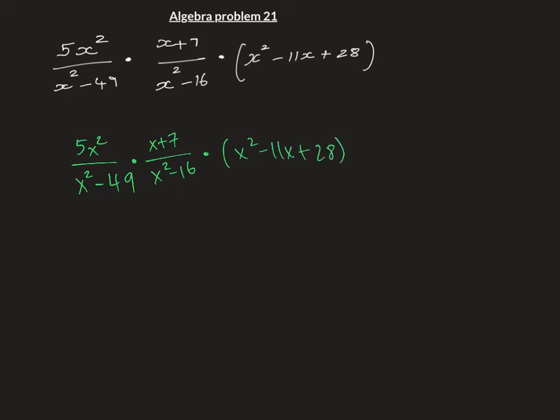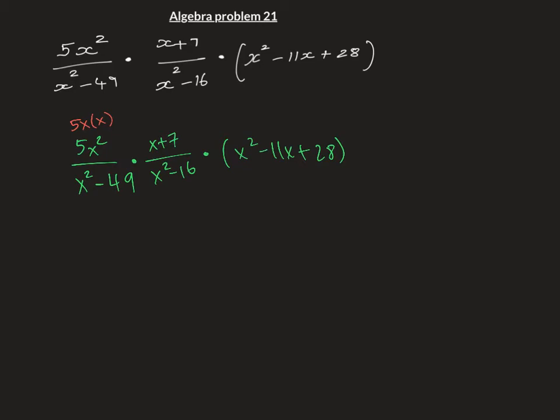Now, first let's factor. So 5x squared, can that be factored? Technically it can. You can break this down into 5x times x. And you can do 5 times x squared, but this is probably the better way.